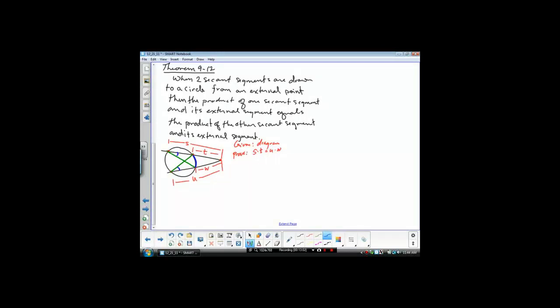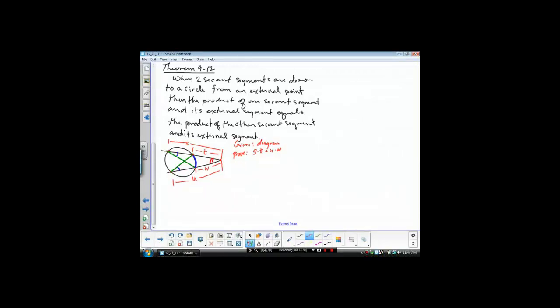I could label these angles so we could refer to them, or I could just talk about it. Is there a shared angle in both triangles? This angle right here is a shared angle in both triangles. So the triangles have to be similar by angle-angle similarity.